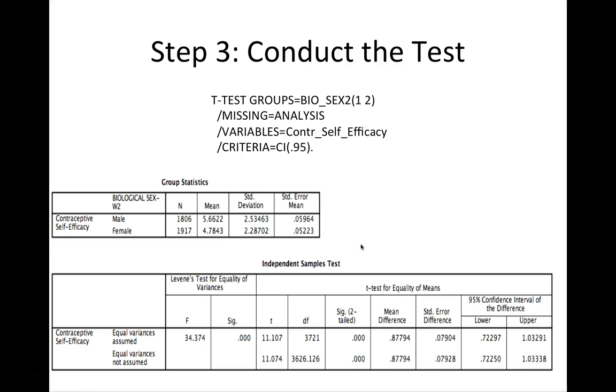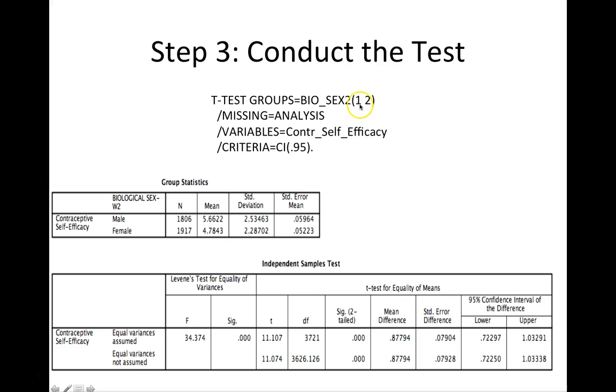So the third step is to conduct the test. Again, you can do this via drop-down boxes on SPSS, but this is the syntax behind that. So this is running the group. When you go to put in the group, it'll ask you to put in your independent variable, which is biological sex. And we want to be able to tell SPSS how those groups are coded.